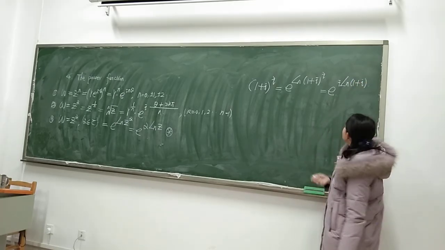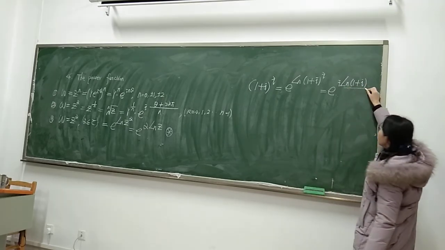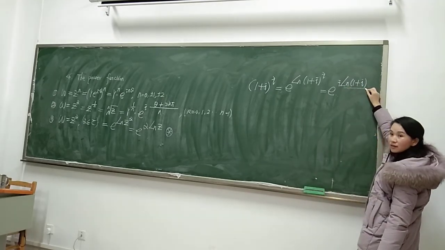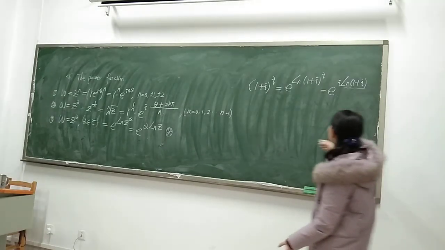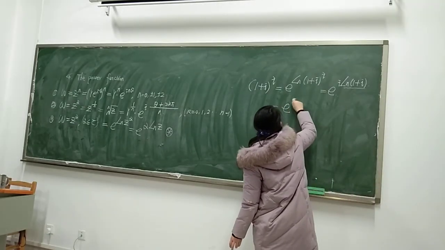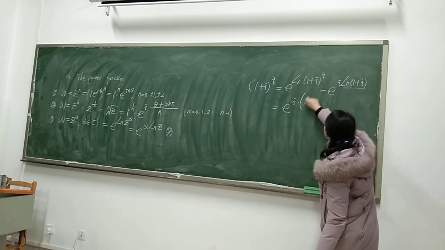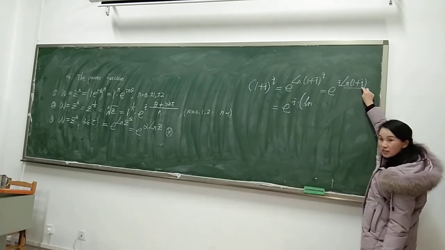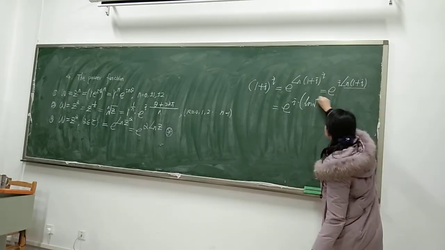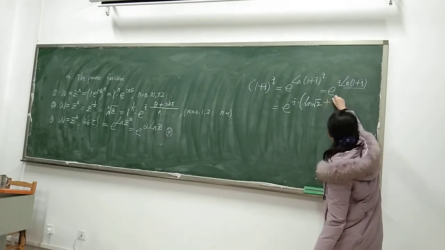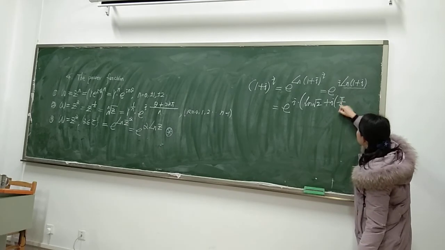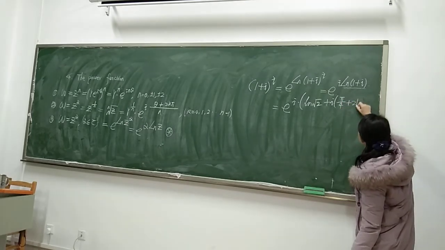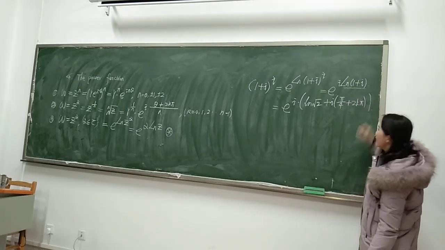Understand that? So can you compute this one? Yes, you can. Just now you found the modulus of this. The modulus of this is this. The principal argument of this is pi over 4. Then plus 2k pi.